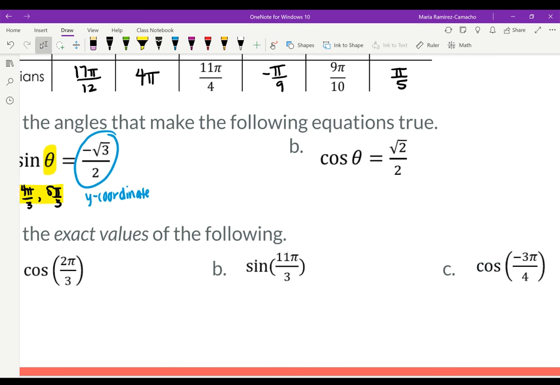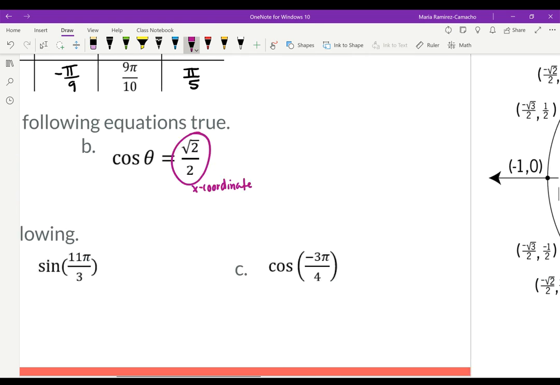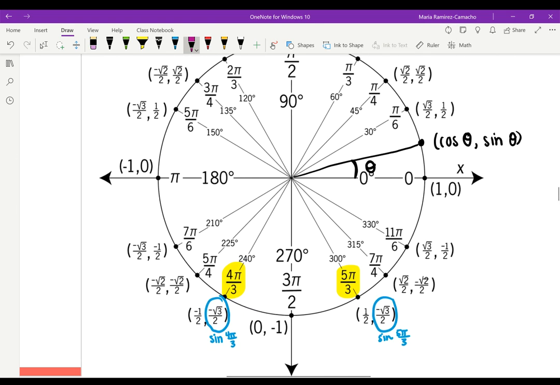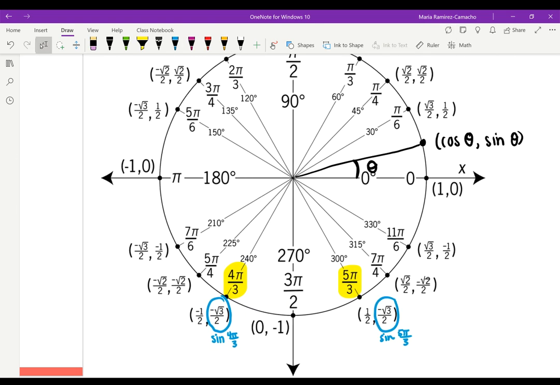Where do we see, in this case, because it's cosine that we're dealing with, x coordinates of root 2 over 2? We see that here and here. Those two x coordinates.